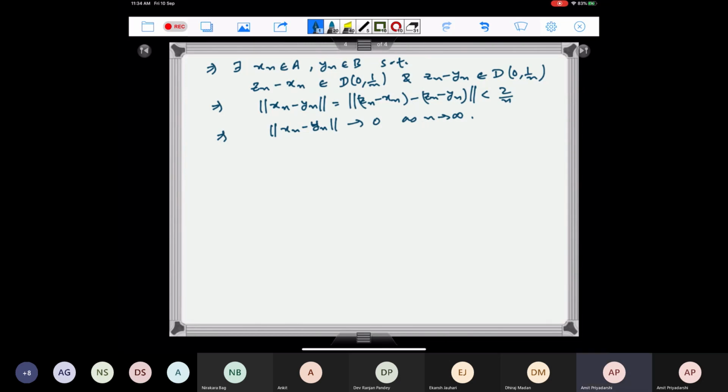Now we will make use of the fact that A is closed and B is compact. So yn is a sequence in B and B is given to be compact.